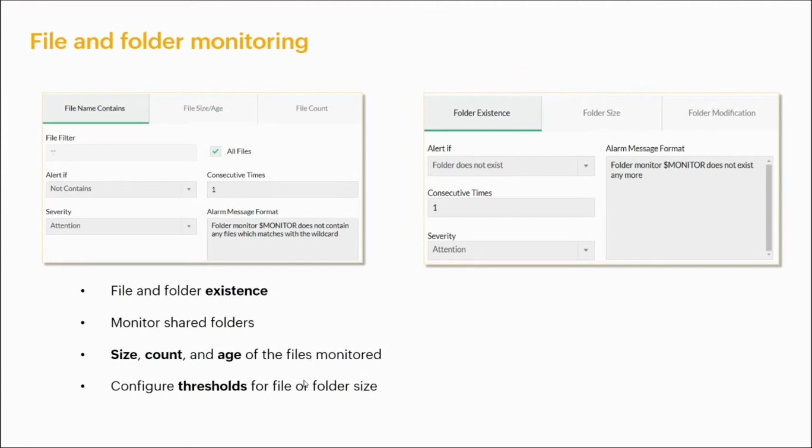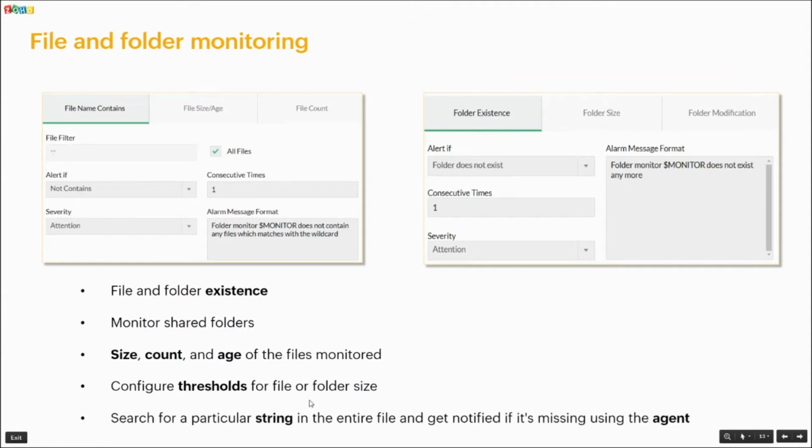We can configure thresholds for the files and monitor the size of the folder as well. We could also search for a particular string in the entire file and get notified if it's missing or if it's present, using a log file agent from OpManager, and monitor the file or the folder in depth and get the statistics of the respective metrics in detail.